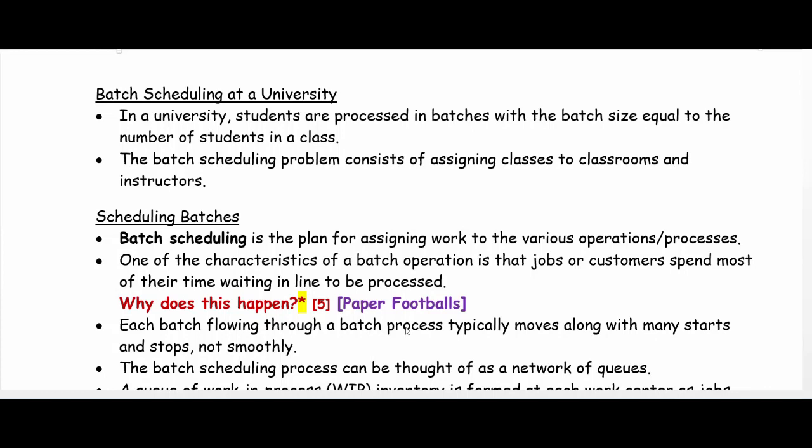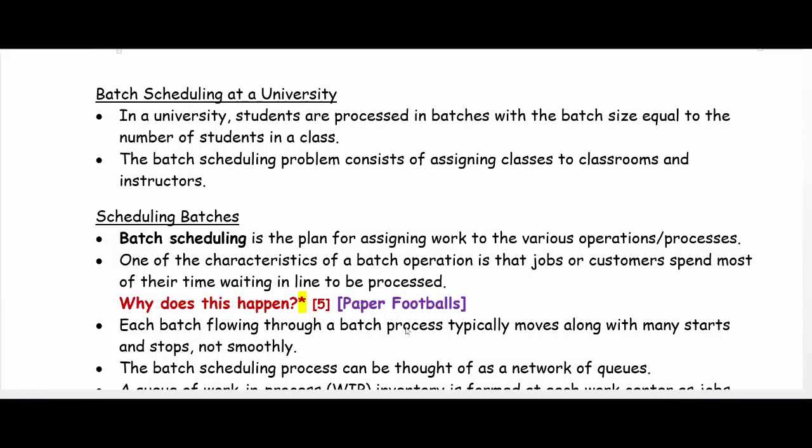Well, as I've alluded to in prior videos, with batches you may run 50 pieces, 100 pieces, 5,000 pieces. It all depends on how fast you can produce them. Let's just say 100 pieces. When you're done with those 100 pieces, you send them to the next operation.